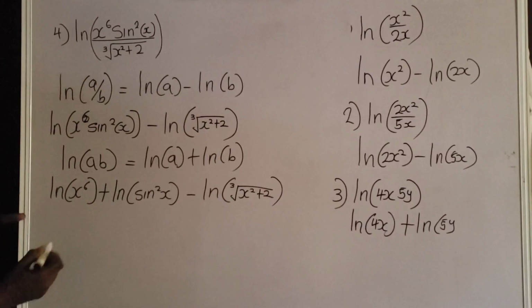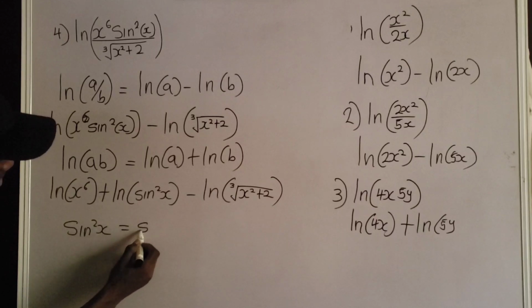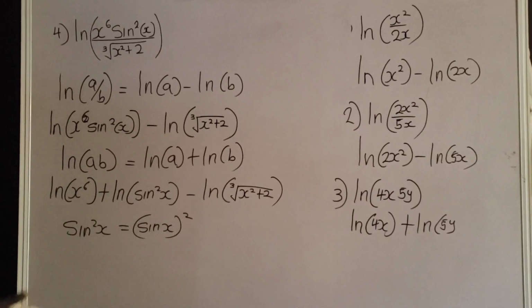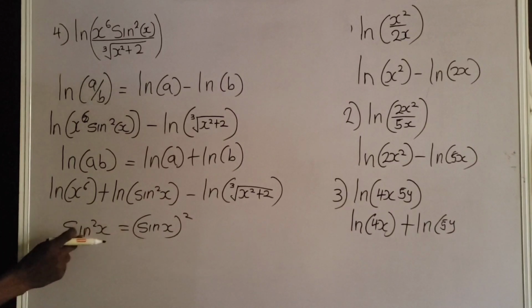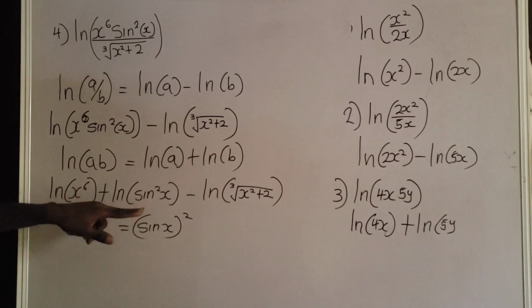However, I want to tell you that sine squared x is also the same thing as sine x raised to the power of 2. I think you understand. So I can still proceed to expand the sine squared x.